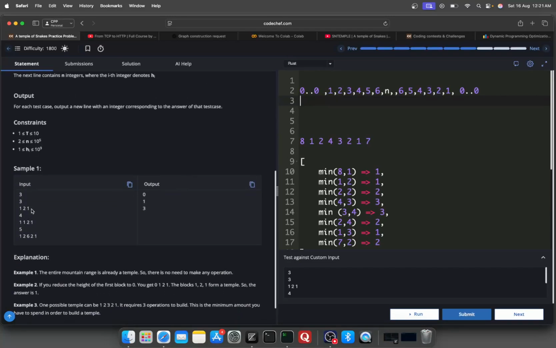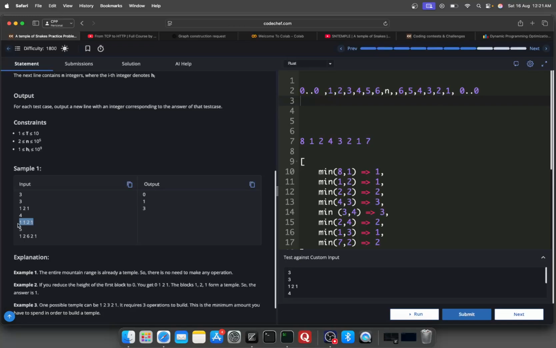Okay, so they give us a sample input. The first sample input is 1 2 1, and it's already the desired array, so we don't have to perform any kind of operation, so that's why its output is 1.